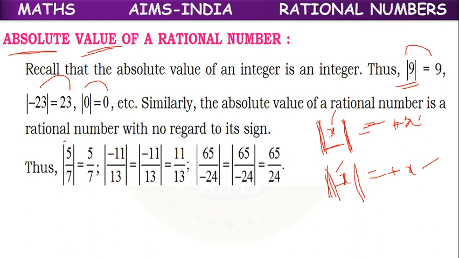In the case of rational numbers also, modulus of 5 by 7, minus 11 by 13, plus 11 by 13, 65 by minus 24, 65 by plus 24. With no regard to its sign, it is always said to be positive.